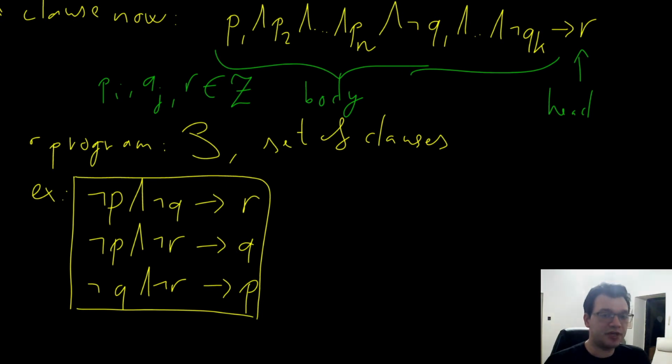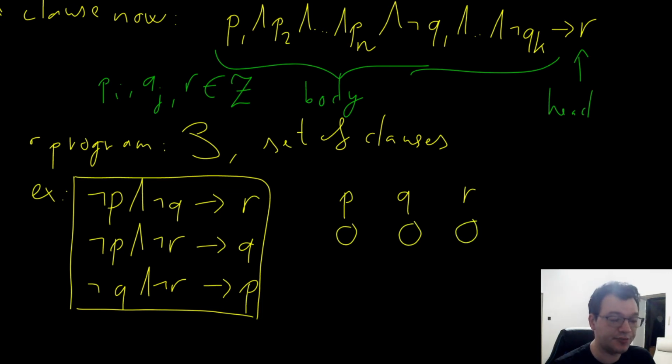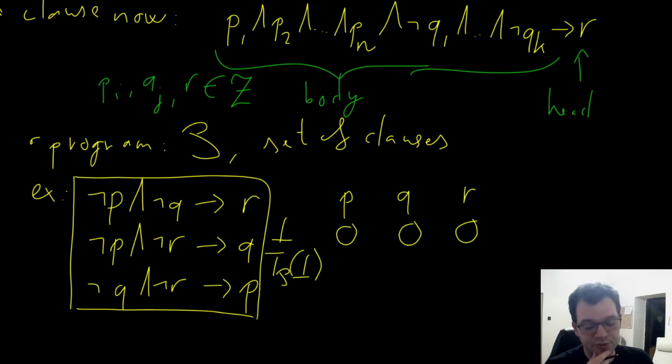If you just blindly do the same thing as we've already done, we start with the all zero, all false variable assignment, because that's the least element of the poset of the assignments, and you run one iteration of the function TP. To compute the new value of P, we collect all the clauses having P on the right hand side.